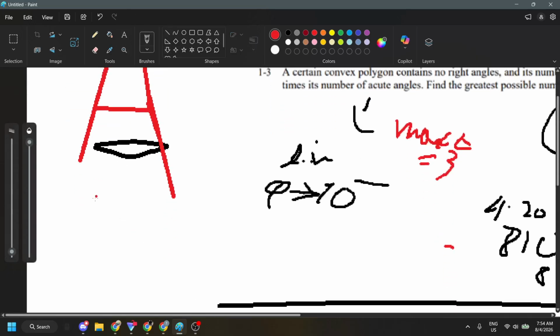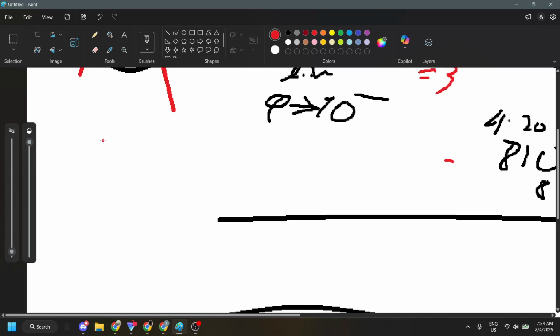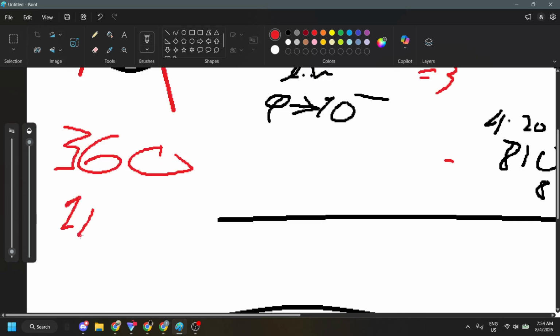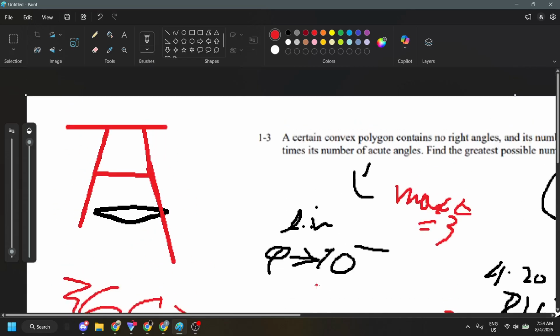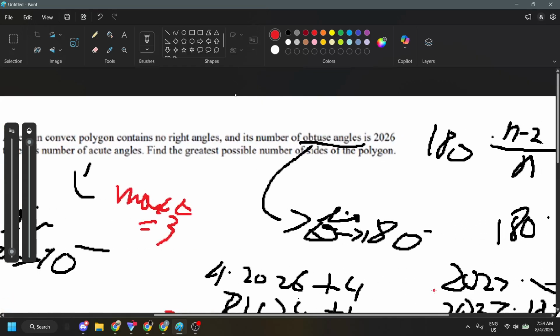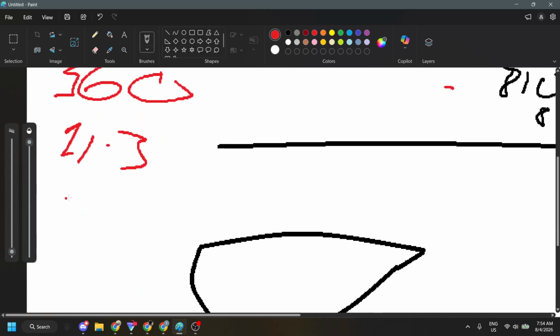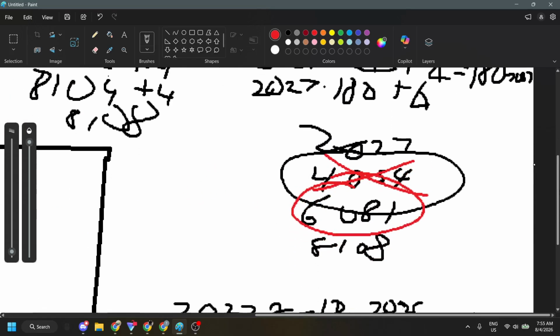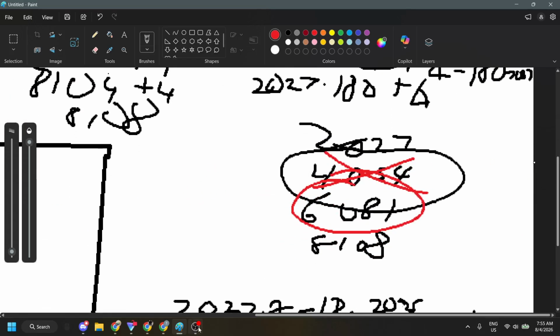And they all must add to 360. So if we have more than 3, I don't even know what they're talking about. Yeah, if you have 4, then it adds to more than 360. So you can only have 3, so then apparently you could just maximize it that way and there were no other constraints.